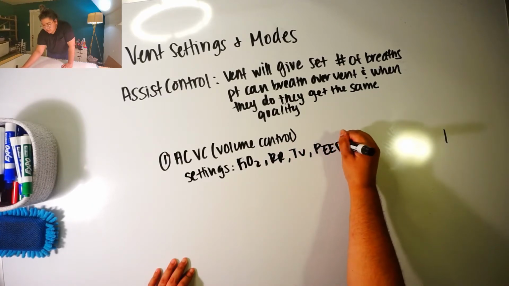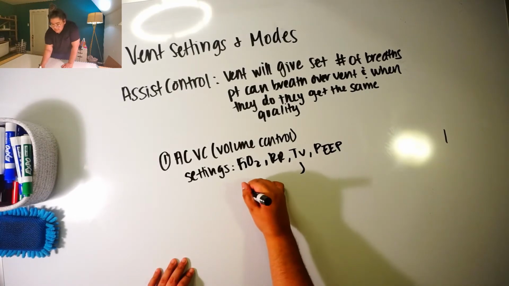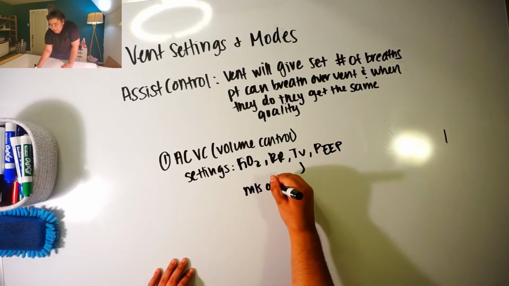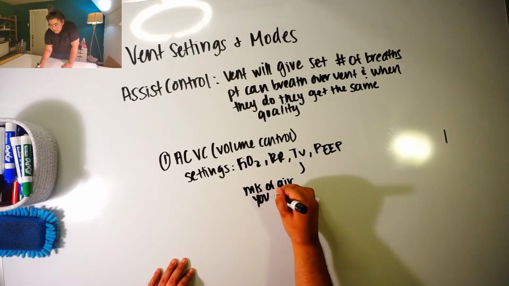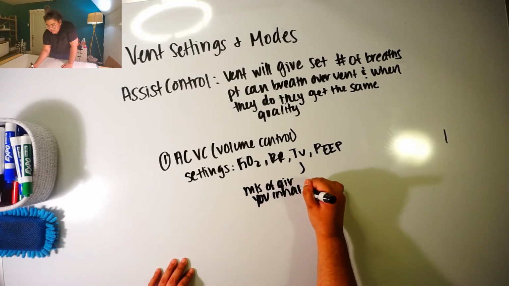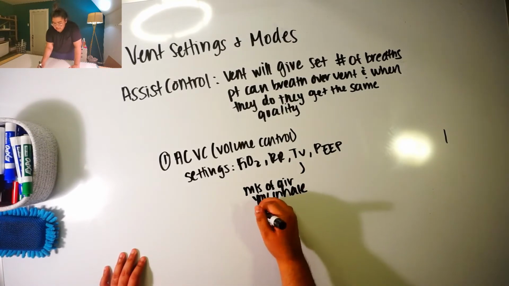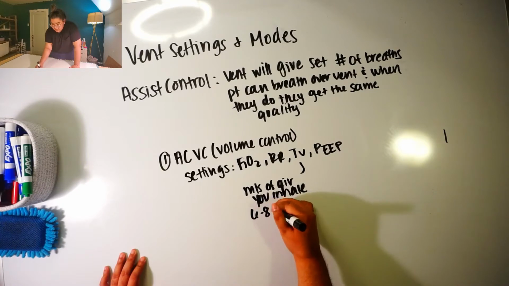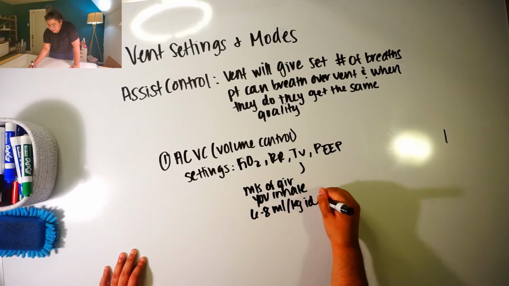So let's talk about tidal volume real quick. Tidal volume is the mLs of air you inhale, okay? So that's how much volume it's going to give of air. Okay, so we normally dose this around 6 to 8 mLs per kg ideal body weight.